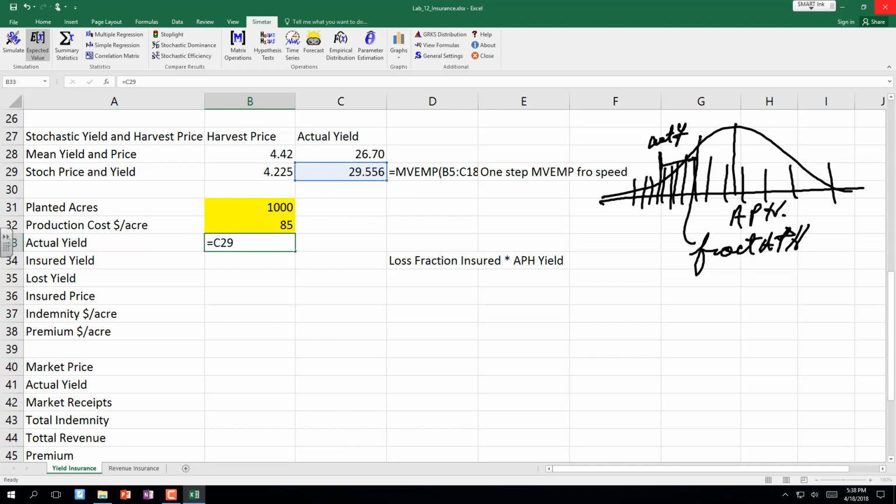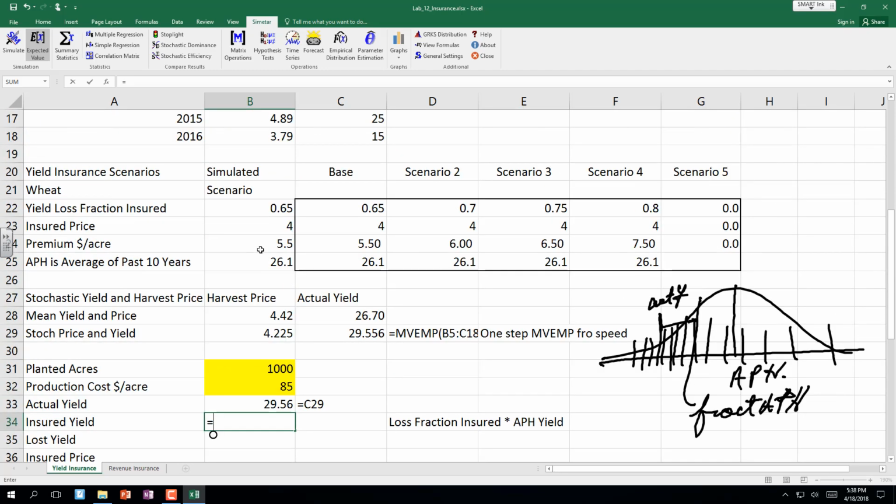So that's the more appropriate term for it. The insured yield is going to equal that loss fraction. We insured at 65% times the APH, that first insurance policy. So that's what we've insured at.